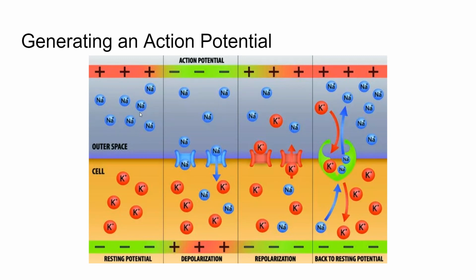Right now, the inside has a negative charge and the outside has a positive charge. When sodium goes in, the outside is going to be negative, as you see here, and the inside is going to be positive. It has completely switched those poles. And this depolarization causes the action potential to occur.